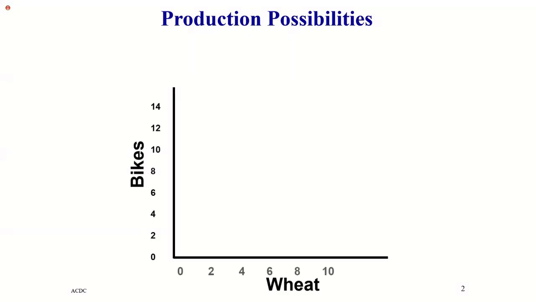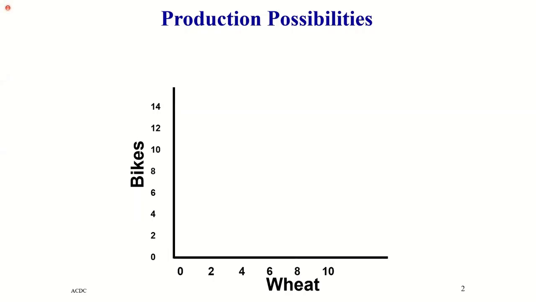Okay. Now here is a simple PPF or production possibilities frontier. If you draw one, it's called a curve. If you draw several curves on the same graph, it's called a frontier, right? So let's take this simple example.